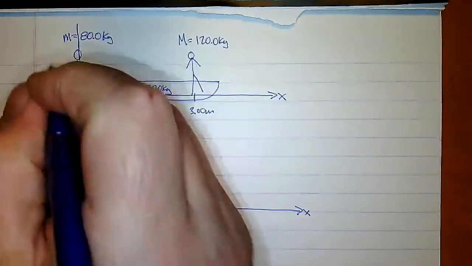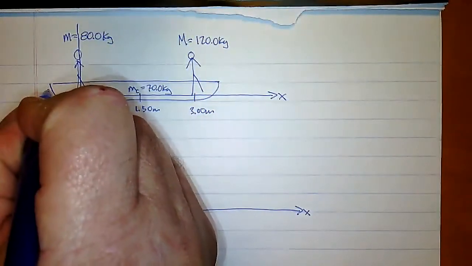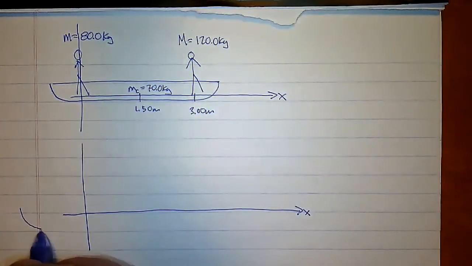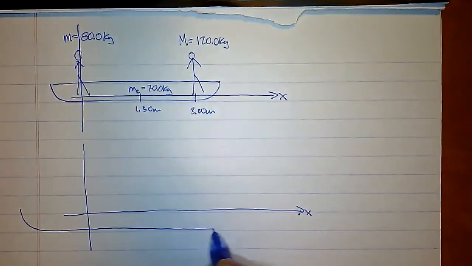But instead of even thinking about that, what I'm going to assume is that the canoe actually moves to the left. So here's my canoe now.